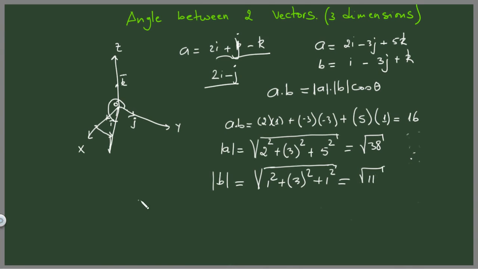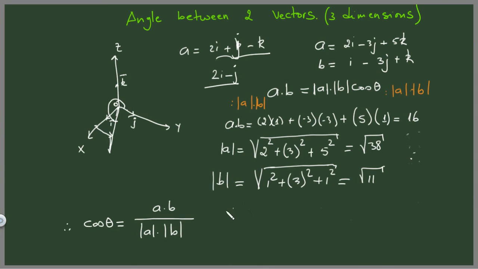Therefore, according to this formula, we can divide both sides by the magnitude of a times the magnitude of b. This gives us the cosine of theta equals a dot b over the magnitude of a times the magnitude of b.